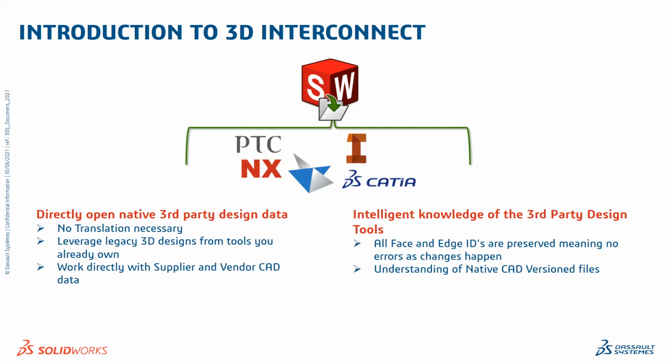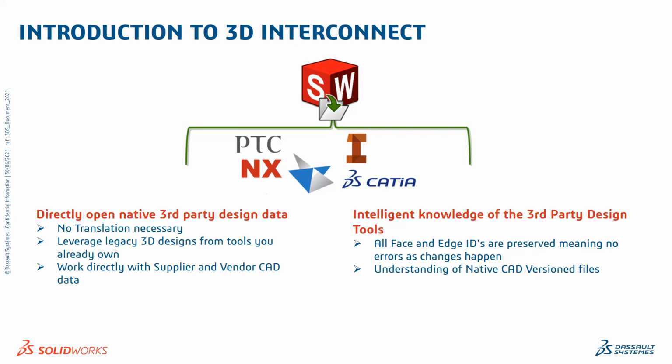For example, if that same Creo model is going to be revised for the next level of revision, you just need to put the revised CAD files in the same folder path. When you open the assembly in SolidWorks, you just need to update or refresh it, so that all the changes made in the Creo files will be reflected here.